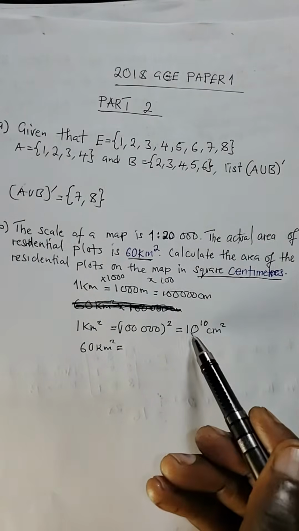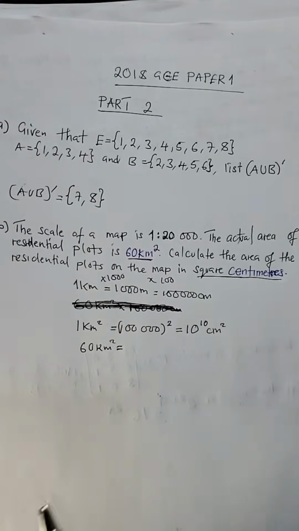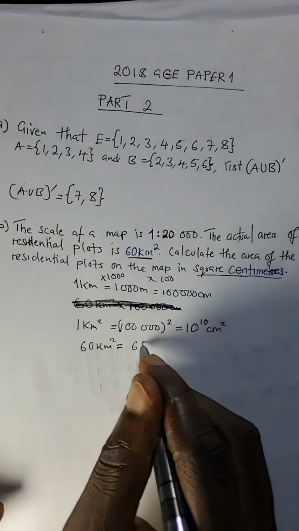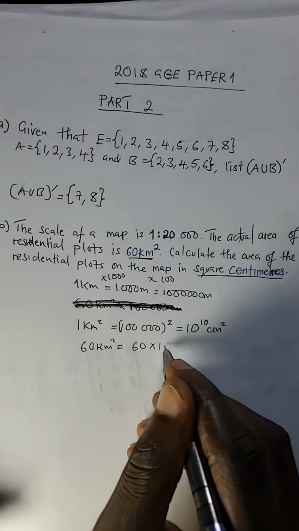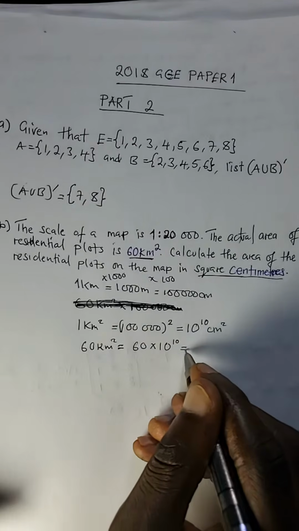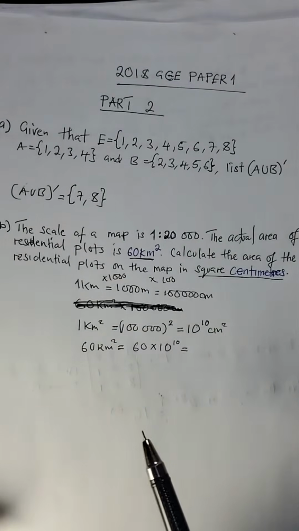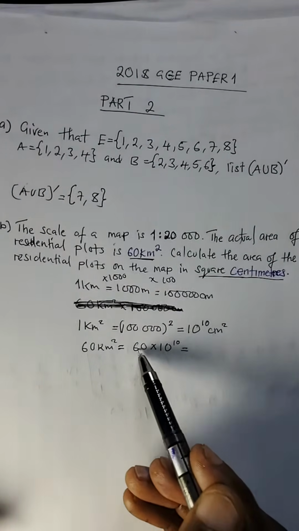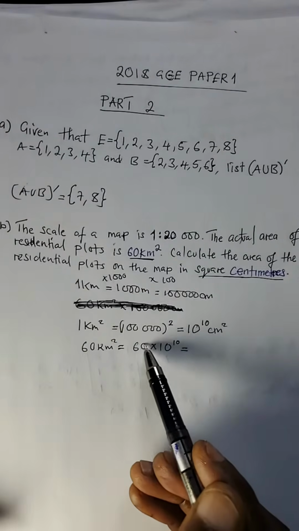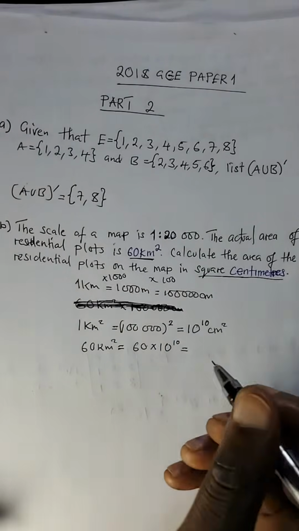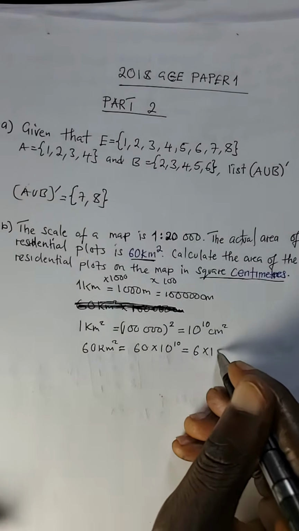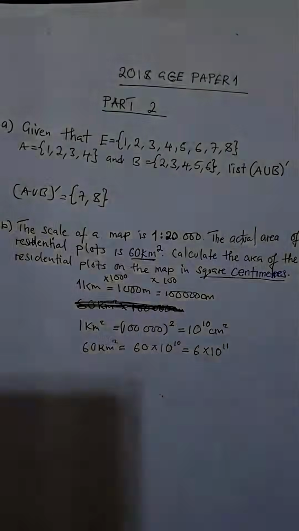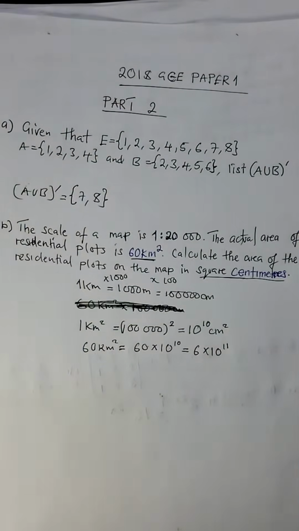Since 1 square kilometer is 10 to the power 10 square centimeters, then 60 square kilometers is the same as 60 times 10 to the power 10, which is just the same as 6 times 10 to the power, since we have another 0 here, it will be 11. So the same as 60 times 10 to the power 10, which gives 6 times 10 to the power 11.